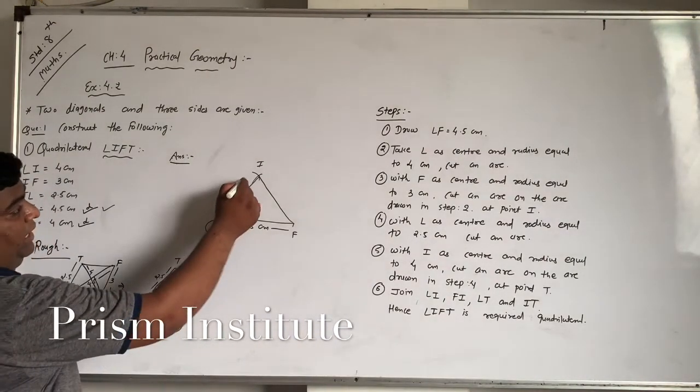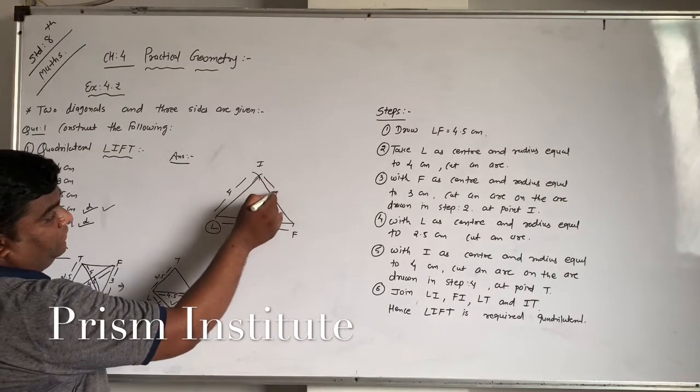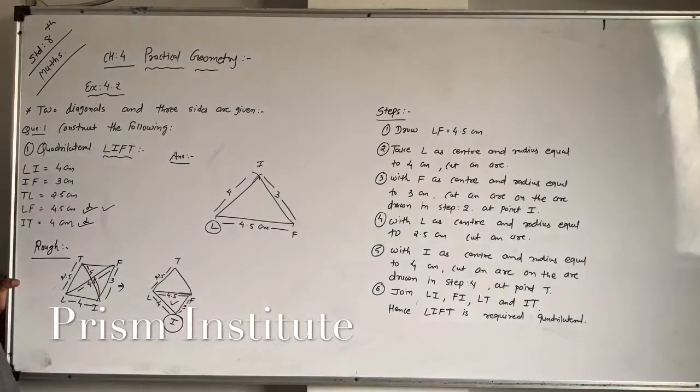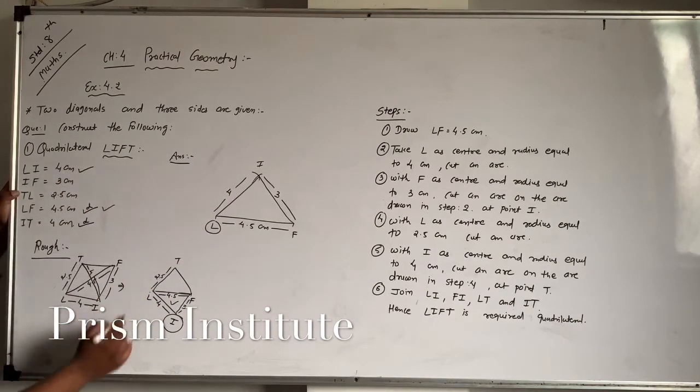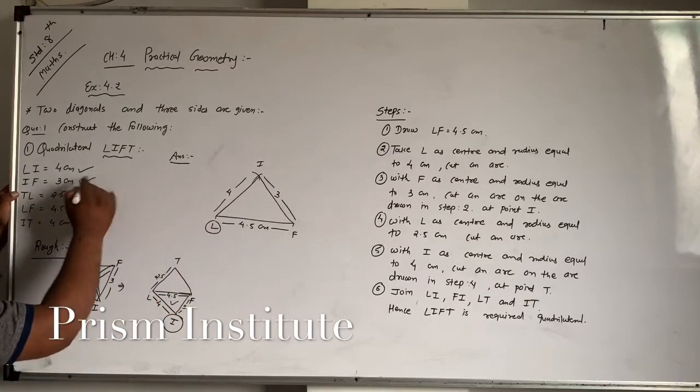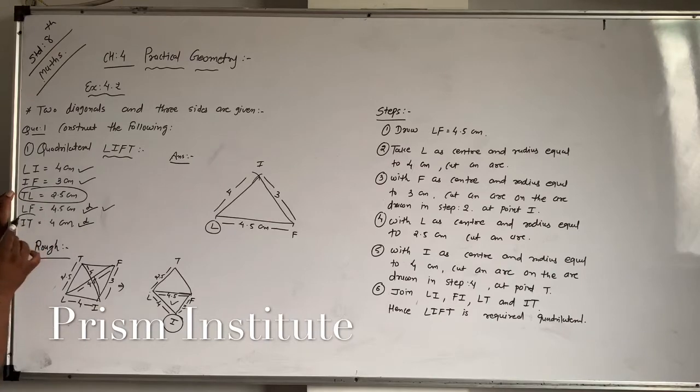Here LI is 4, and FI is 3. This is the first step. Now LI is constructed, IF is done. The remaining portion is TL and IT. Now TL.